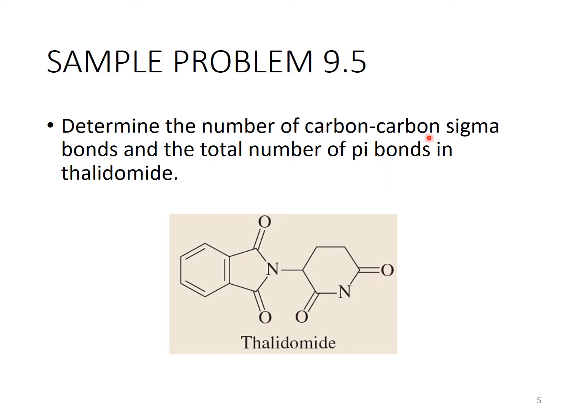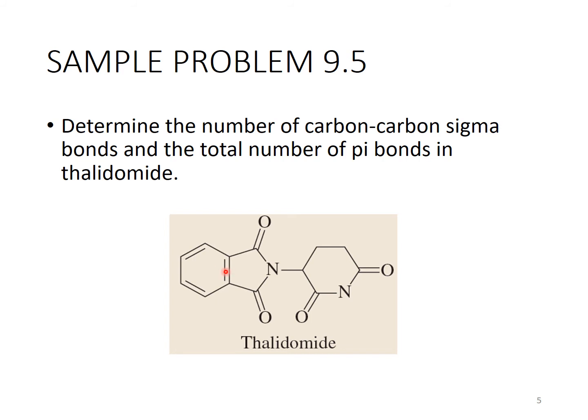Now let's look at the number of carbon-carbon sigma bonds. So here's a carbon and here's a carbon. So there's 1, 2, 3, 4, 5, 6, 7, 8, 9, 10, 11, 12. Okay, so there are 12 sigma bonds for those carbons. Again, remember, one of these bonds is a sigma bond, one of them is a pi bond.